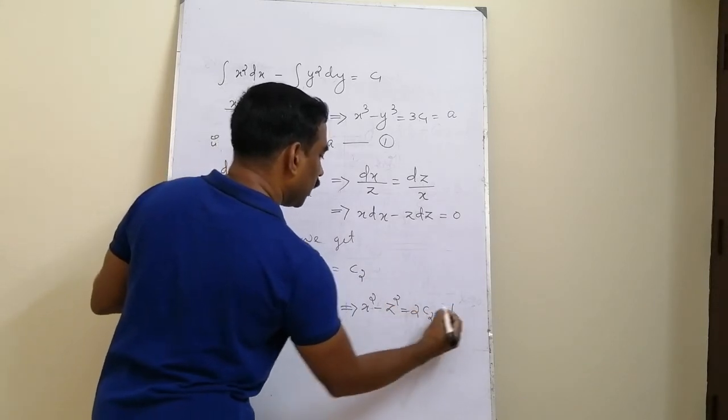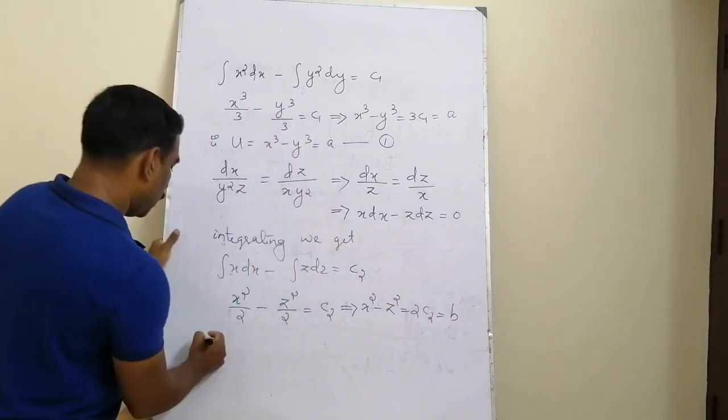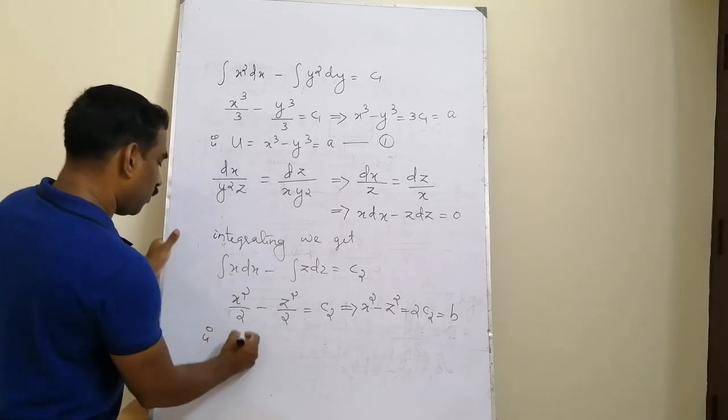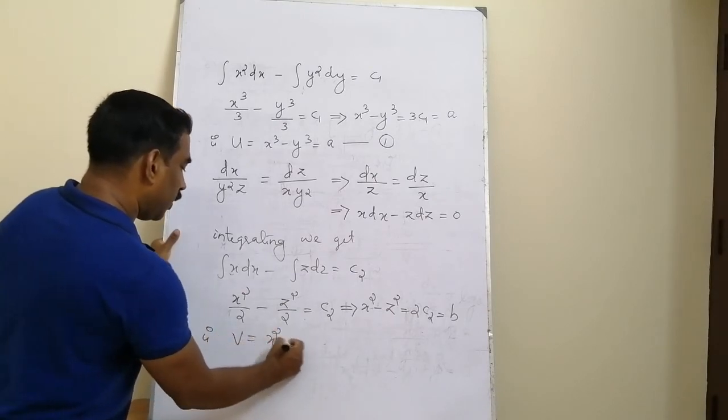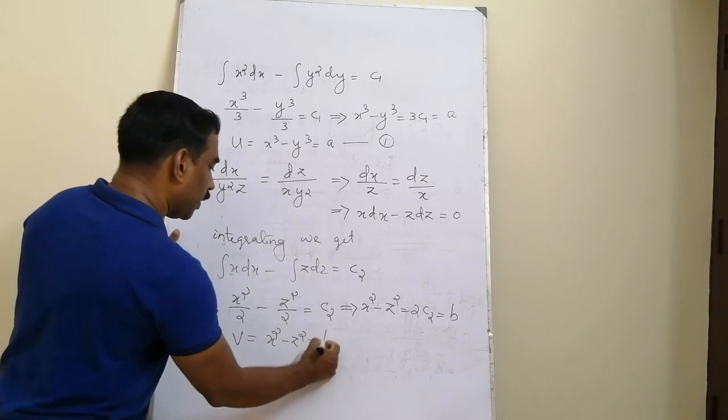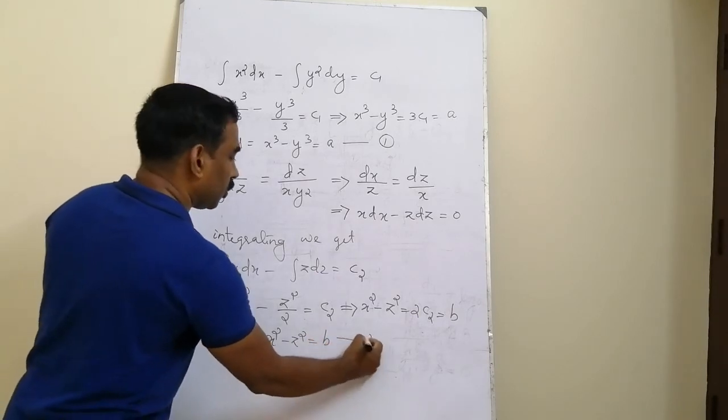We call it a single arbitrary constant, say b. That is, this solution is in the form v is equal to x square minus z square is equal to another arbitrary constant b, equation number 2.